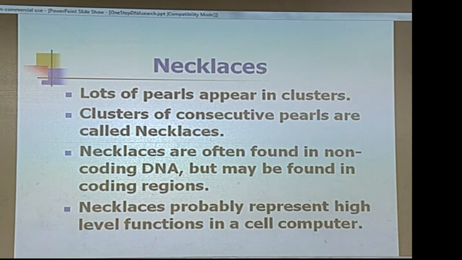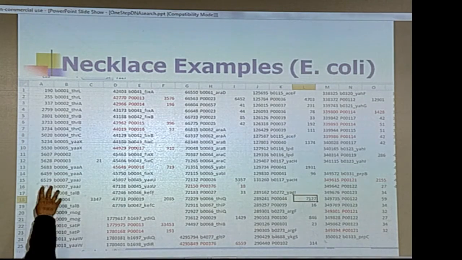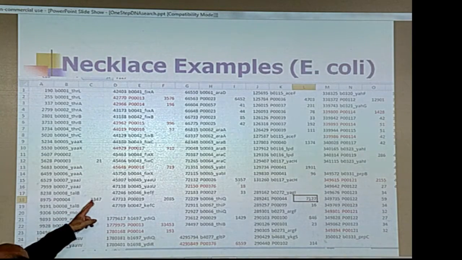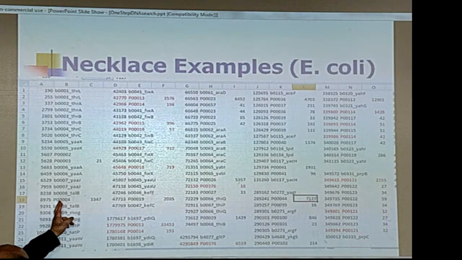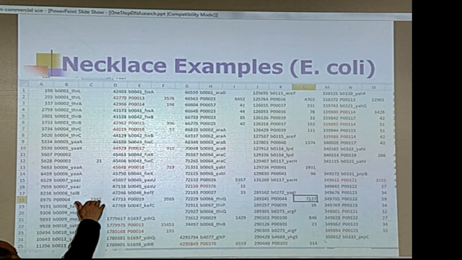That's my belief. And here I can show you a little bit of the code for the necklaces in E. coli. So this part is original analysis, with all the addresses and the gene assignments. And this is the pair assignment, and I think a very important thing is to record the distance between this pair and the last pair, and this shows the distance between them.